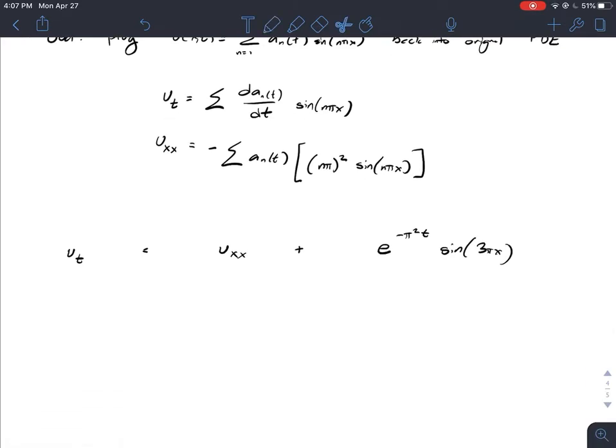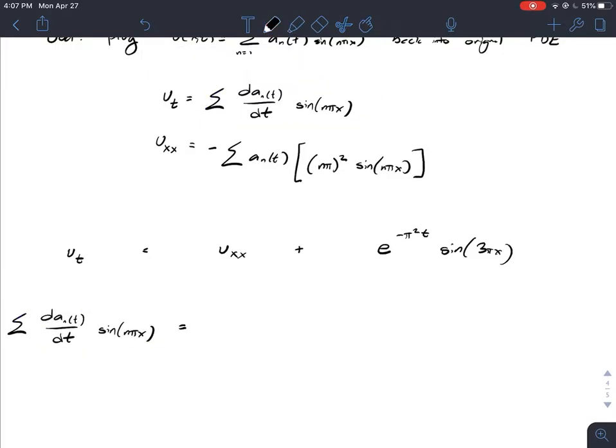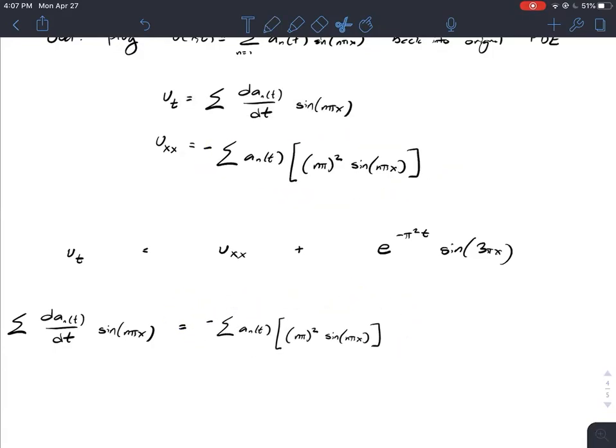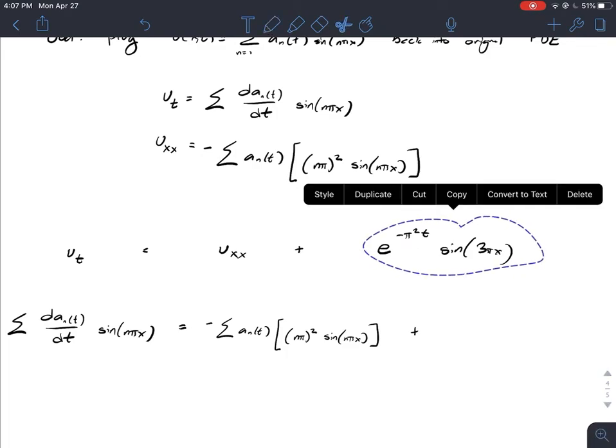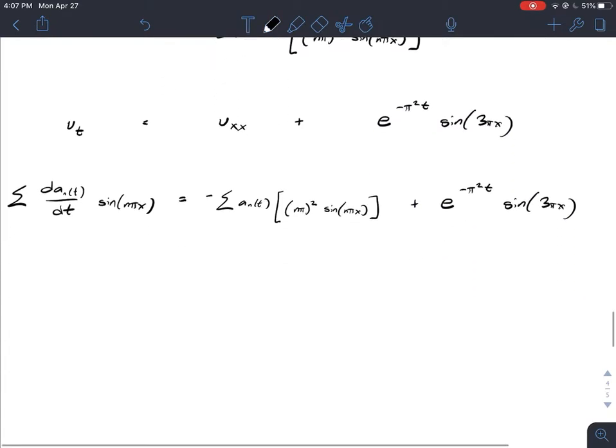If we put that in, I'm just going to copy and paste this down here, like how we've been solving. So u sub t is equal to the second derivative plus the non-homogeneous term. Great.